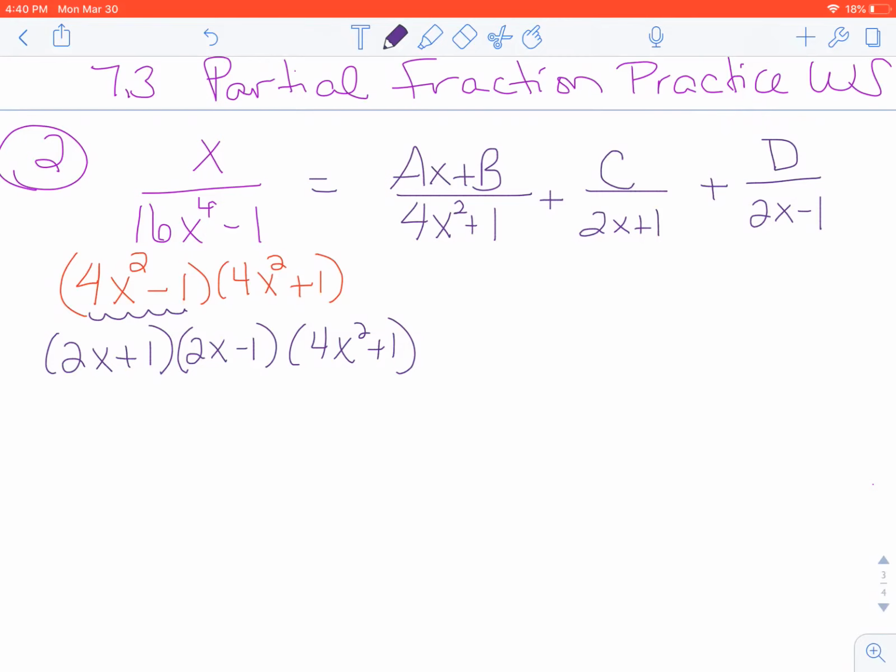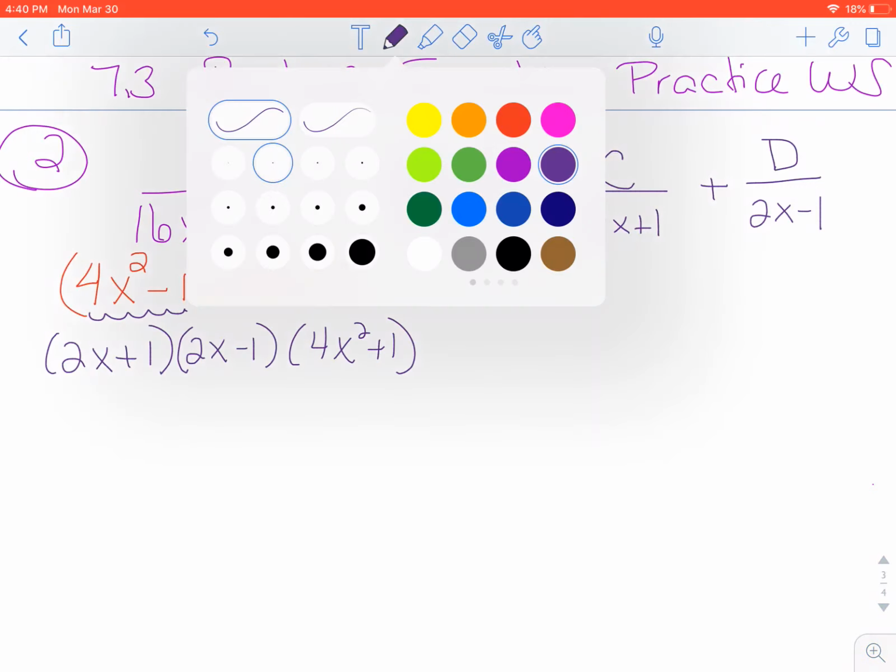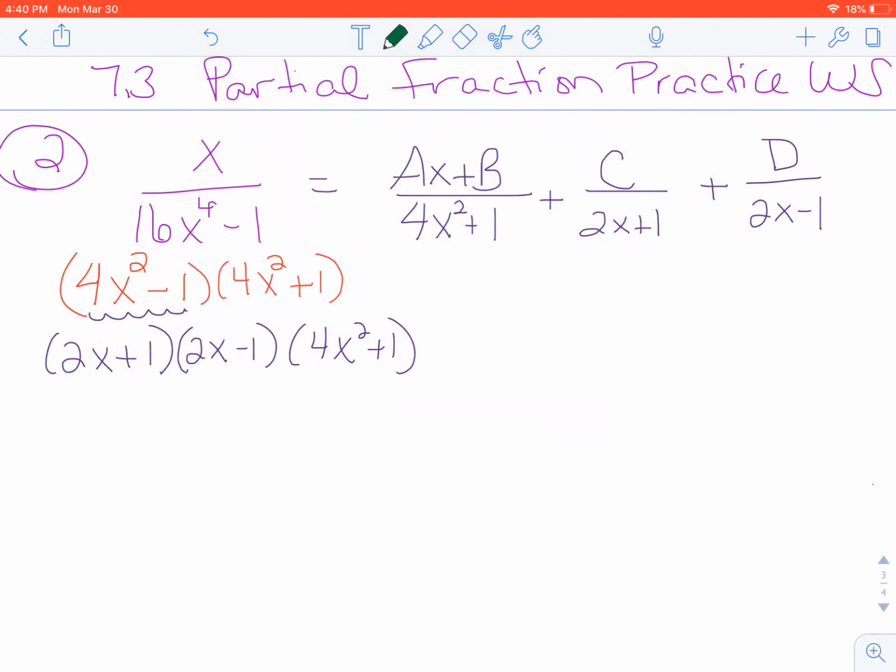Now, the second tricky part of this is all of the multiplying that you need to do. I'm going to start you off so that you see what we're working with. Remember, we need to take the entire fraction and multiply it by the least common denominator. The least common denominator is the completely factored form. The first fraction has 4x squared plus 1, but it's missing the 2x plus 1 and the 2x minus 1.